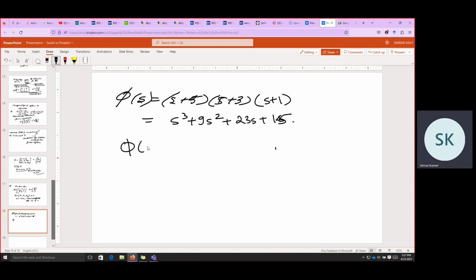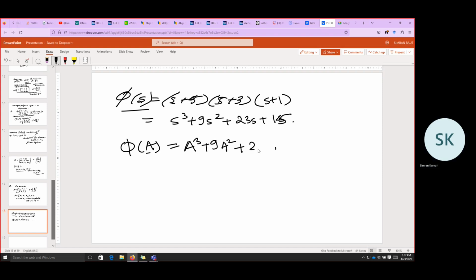Now this phi of A is non-zero because this is the characteristic polynomial of the closed loop system, and this is our open loop system which has this matrix A. It will simply be A cube plus 9A square plus 23A plus 15. Then we'll just solve this. So we'll be doing the whole calculation.